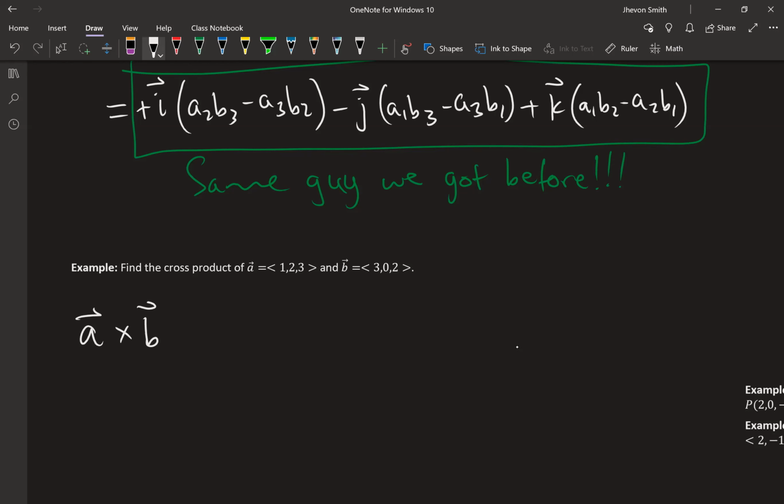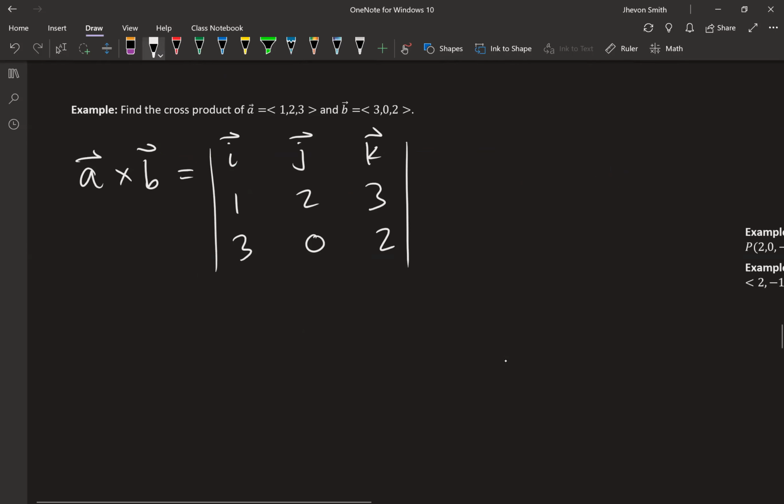Now, once you know you want to find that, you're going to set up this setup right here: I, J, K. Then you're going to line up the components of A across the second row, and line up the components of B across the third row. And now you're actually going to do that process that we did before. Based on the first component, second component, third component, the second component you're going to negate.